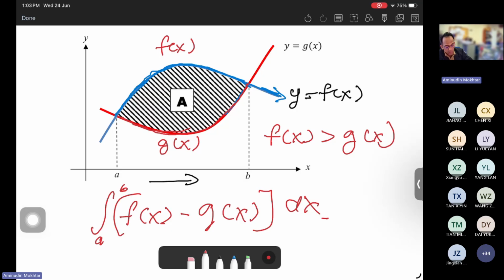Then when we take the definite integral, that will give us the total area. Okay, so that is the formula when we want to find the area between the curves.